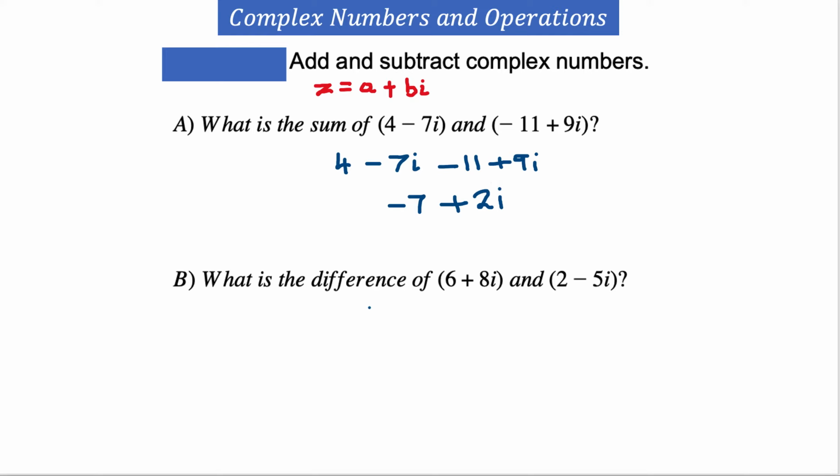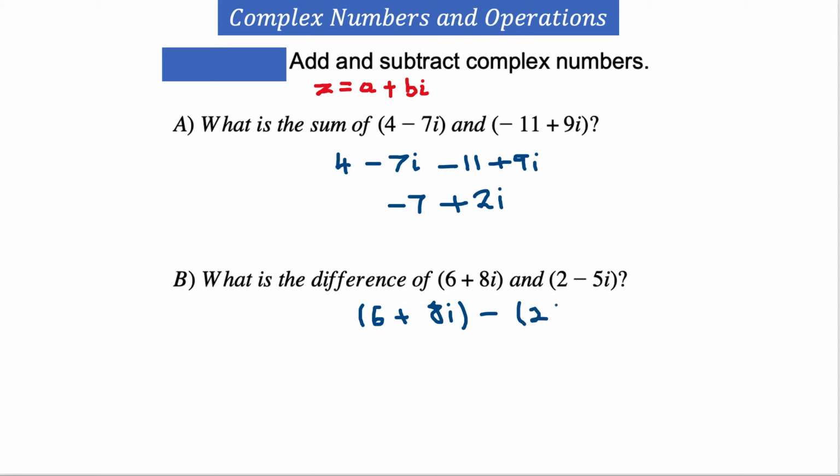What is the difference of 6 plus 8i and 2 minus 5i? When we have a difference, a subtraction, the first complex number we write as 6 plus 8i. Because we have the difference to find, in front of the second number we write a minus sign, 2 minus 5i.